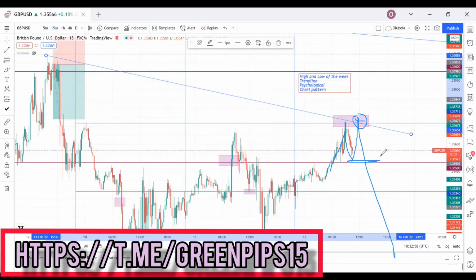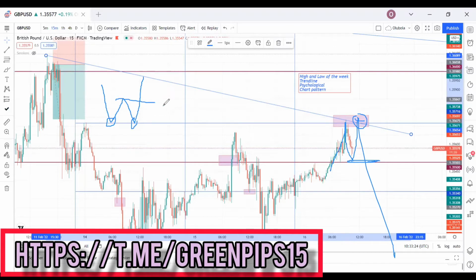Did you agree with me? Absolutely. Very true, sir. Because this M pattern or W pattern I'm saying is just double top and double bottom. This is a double bottom. And some people will tell you this is the preferred entry point. Once it breaks this neck, that's where they will come in.